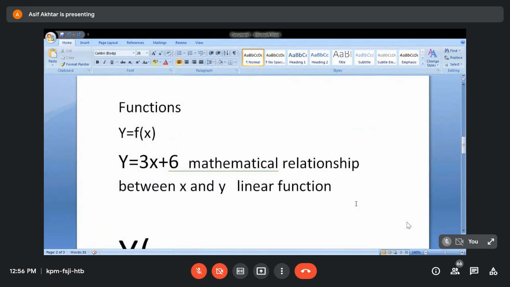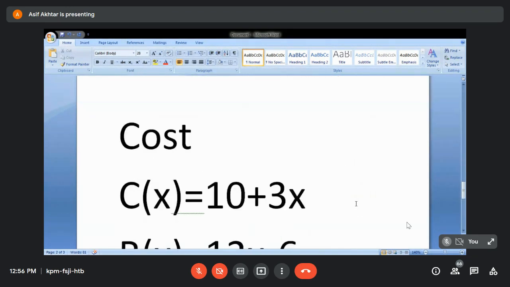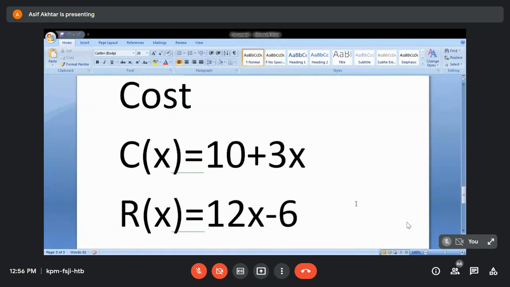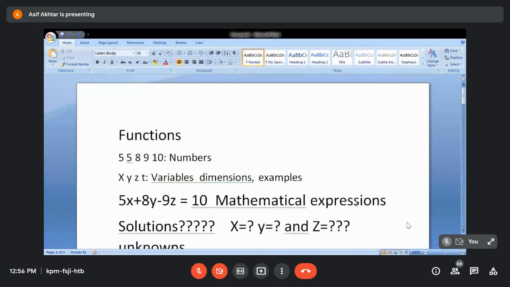Then I explained the linear function, y = a + bx, and the application of the cost function in cost, revenue and profit. We have some very good examples with calculations, which I will take up tomorrow.